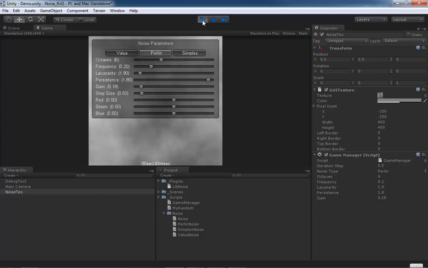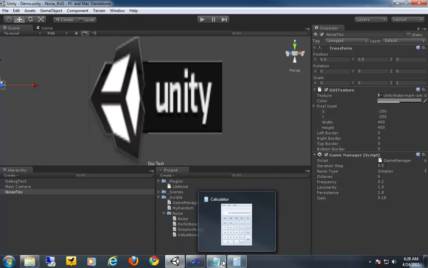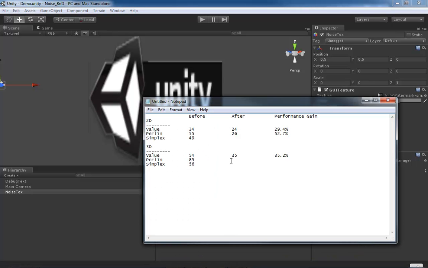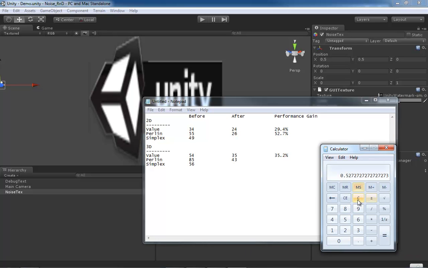Yeah, that's a big one. What was it, like 85 before? It's almost 50%. So basically say 50% if you want to. So 43. Let's get that calculator out just to be scientific about it. Look at that.